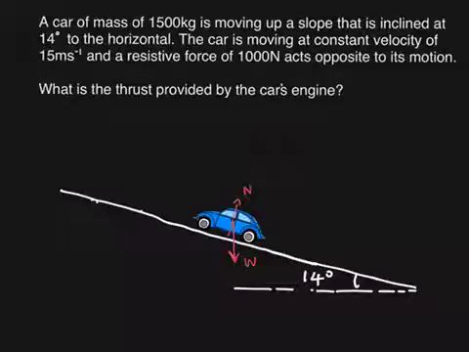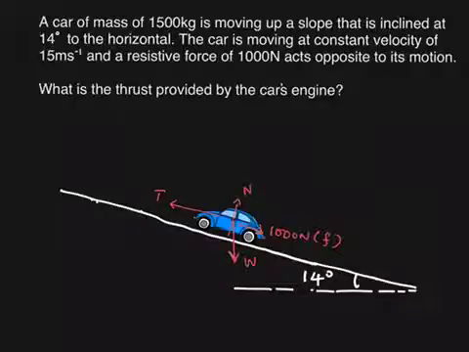And they say there's a resistive force of 1000 Newtons, which we can call F, the drag force. And of course, there's going to be the engine thrust. Let's label this T. Now, these are the forces acting on the car.